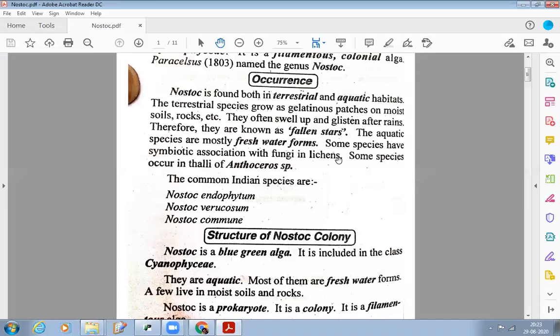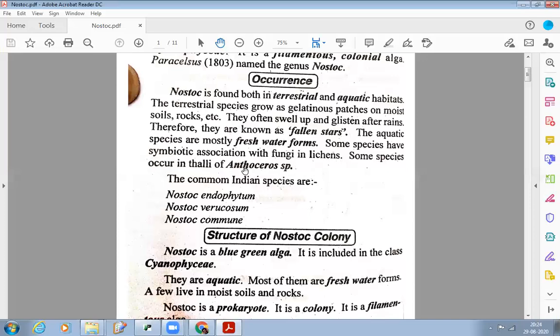Among these two, one will be an autotroph, and number two, the fungus, will be a heterotroph. They mutually help each other. Right? So this Nostoc is generally seen in lichens, and in some species like Anthoceros.